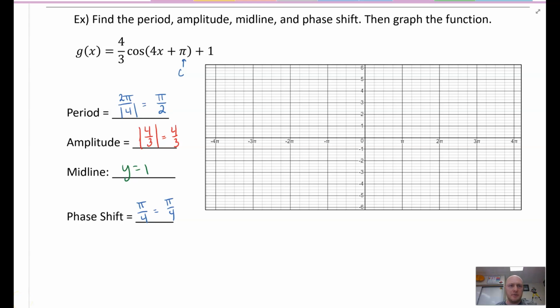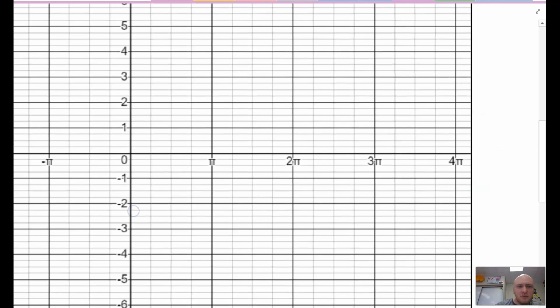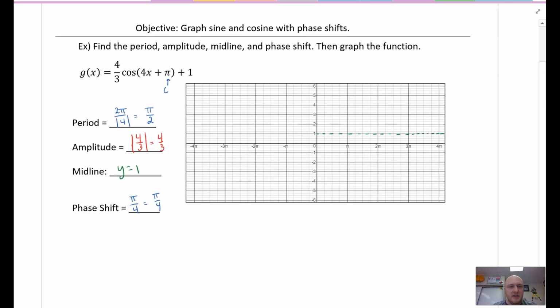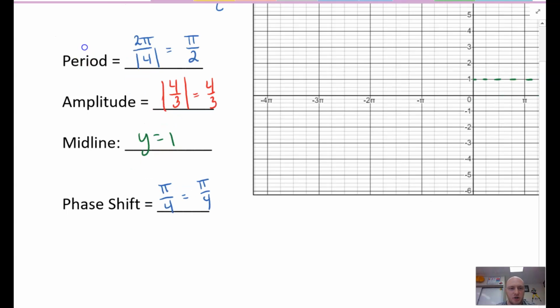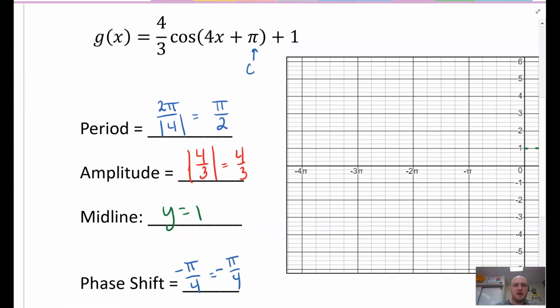I'm going to go ahead and graph the midline, which is 1. Then I'm going to graph our starting point. Our c value is actually negative pi, so this should be negative pi fourths. Sorry, right? Always the opposite.